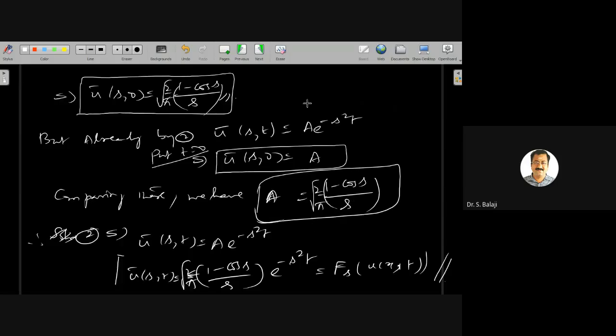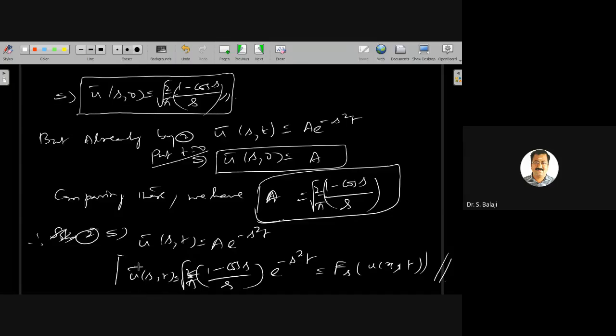Once again, substitute A here. Equation 2 implies u bar s comma t is equal to A e power minus s square t, so u bar s comma t is equal to root of 2 by pi times (1 minus cos s) by s times e power minus s square t.